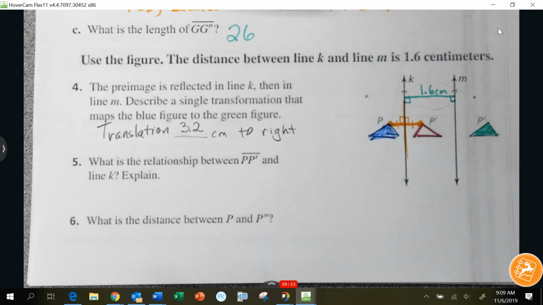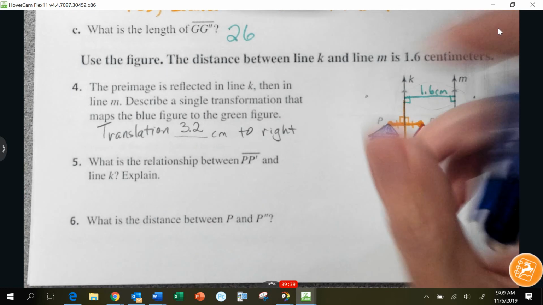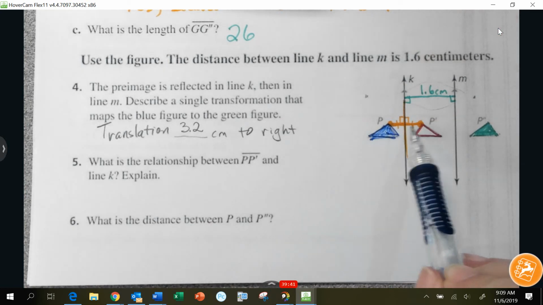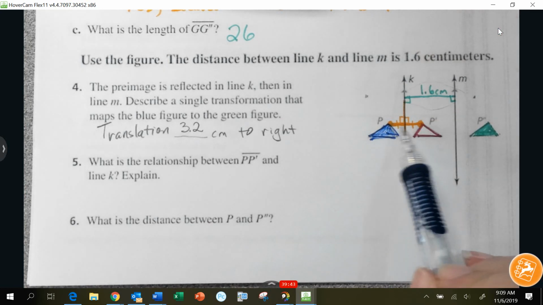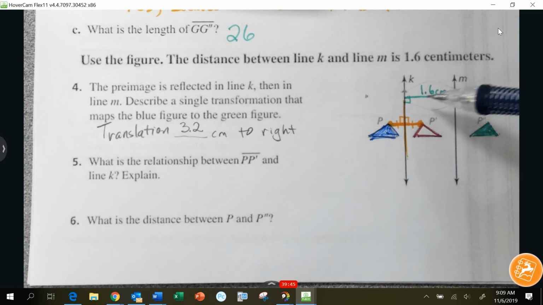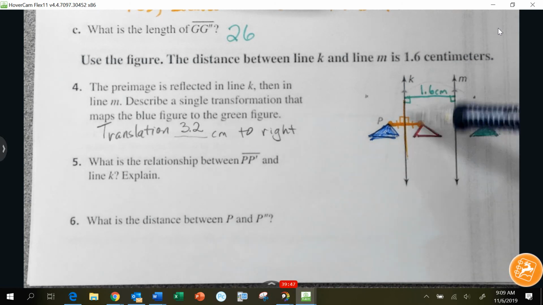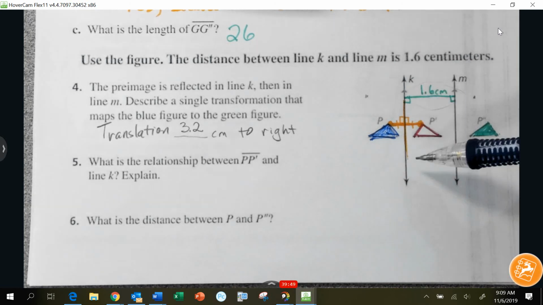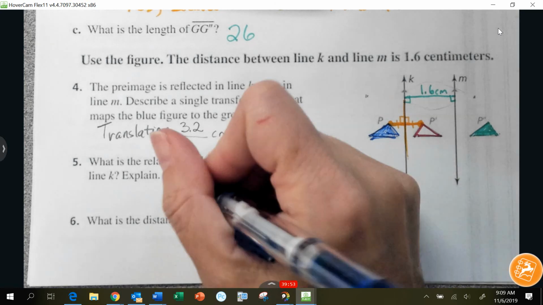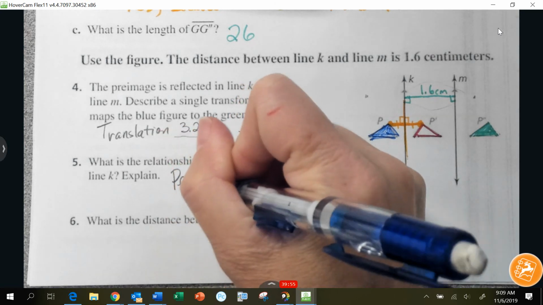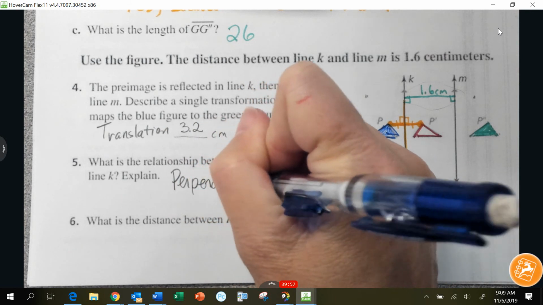Austin, do you have that answer? Okay, well, look at it. What can you tell me about this thick yellow line and line K? I even marked it. They're perpendicular. See, you can do that.